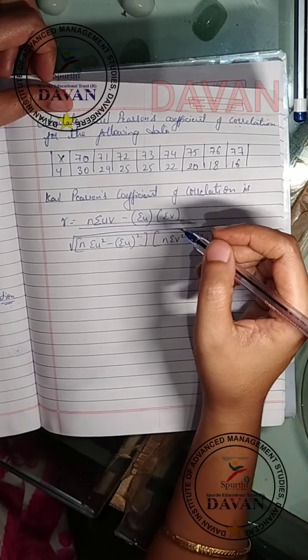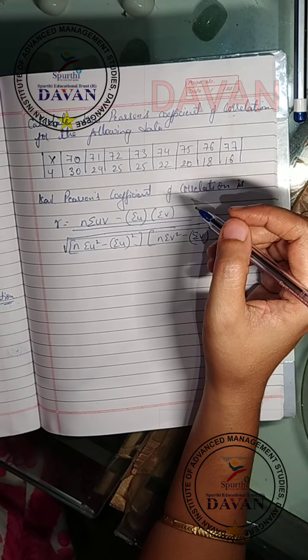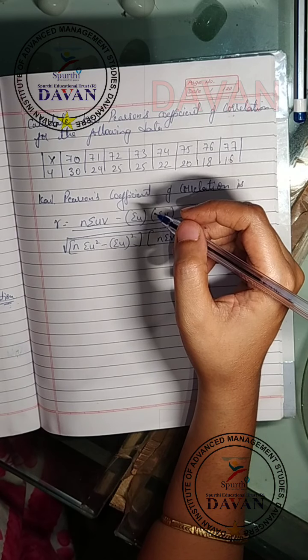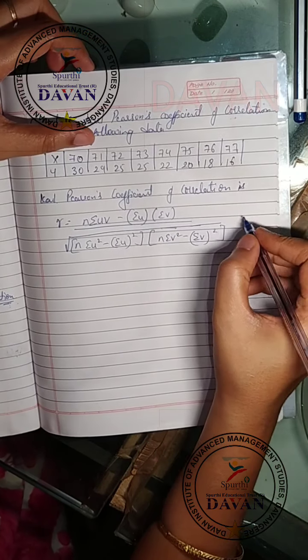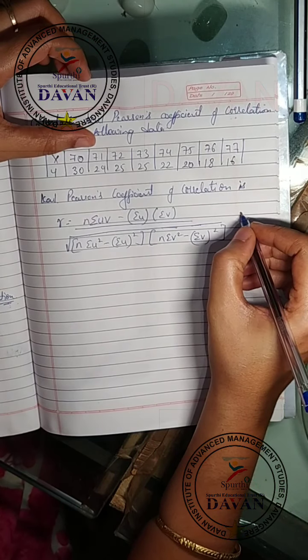In place of X I've used U, and in place of Y I've used V. So what is this U and V? U is equal to X minus A divided by Cx, and V is equal to Y minus B divided by Cy.